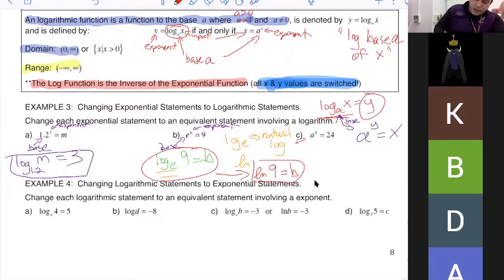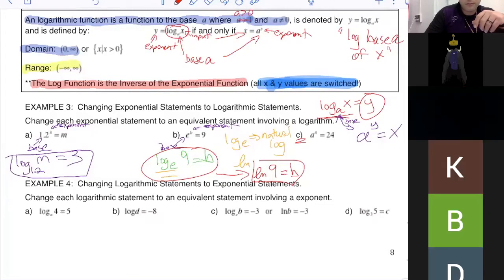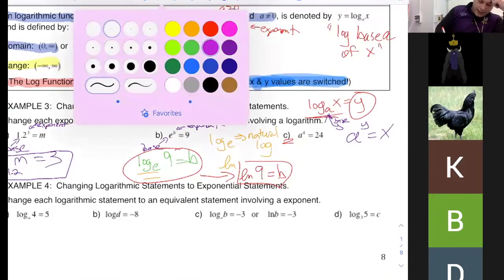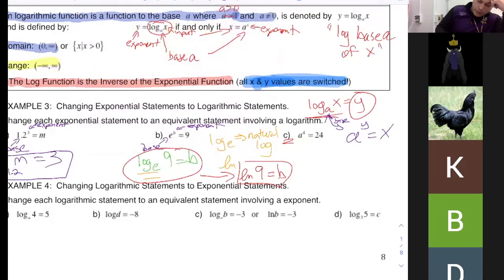All right, I want you guys to try C on your own. Just take about 15 seconds. Let's see if you got this, and then I'm going to show the answer. Then I just want to get a thumbs up. All right, so let's see. How many of you guys got, remember, exponent, base, input.